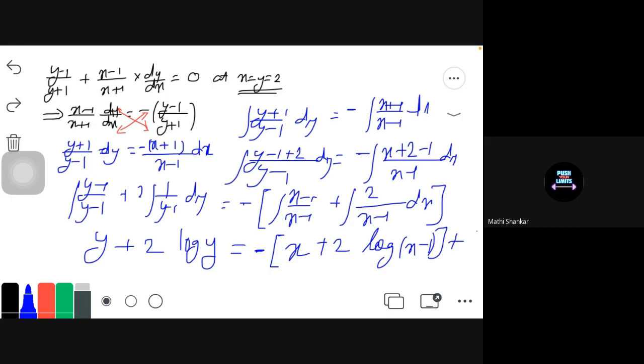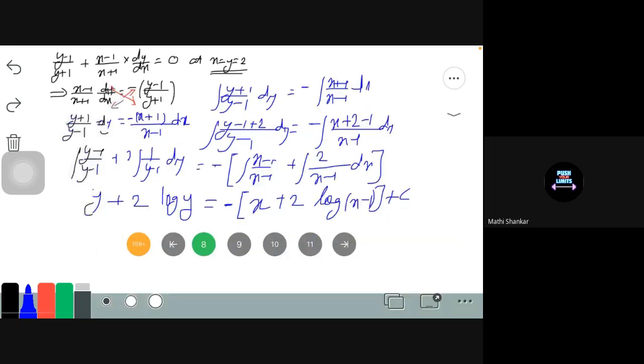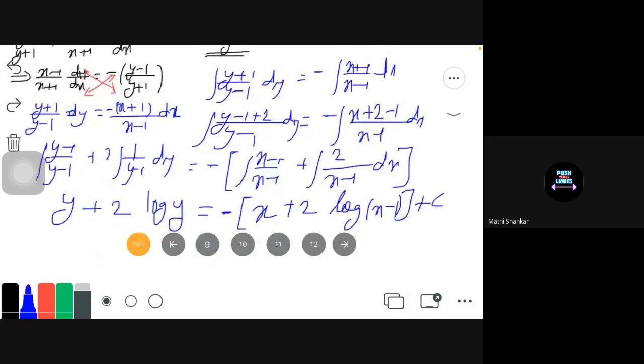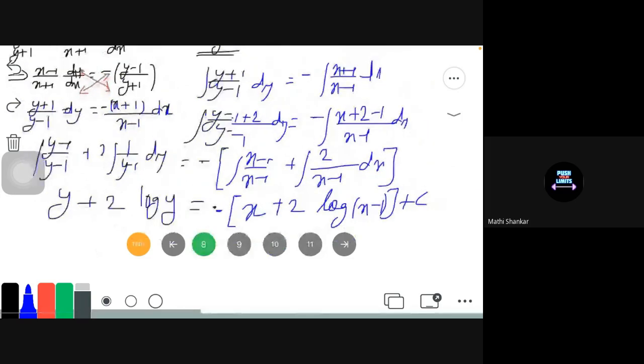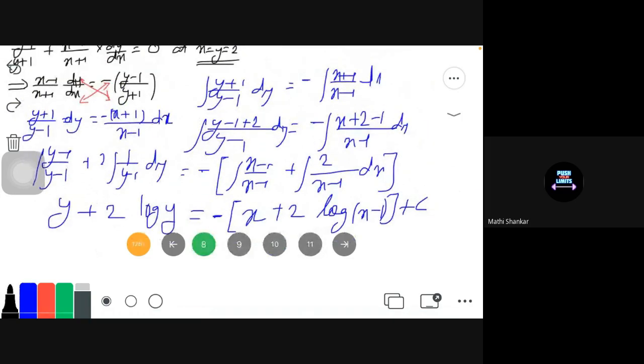Now we have been given that x is equals to y is equals to 2. So to find the value of c, I will put the value of x and y as 2, 2, because it is given in the question.